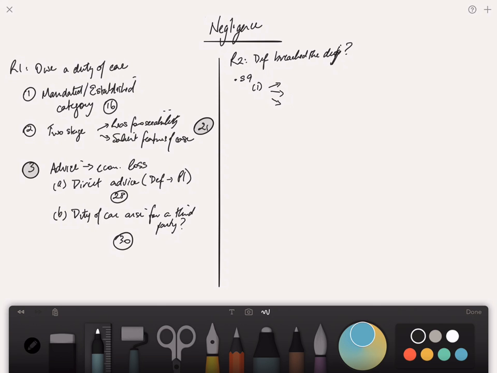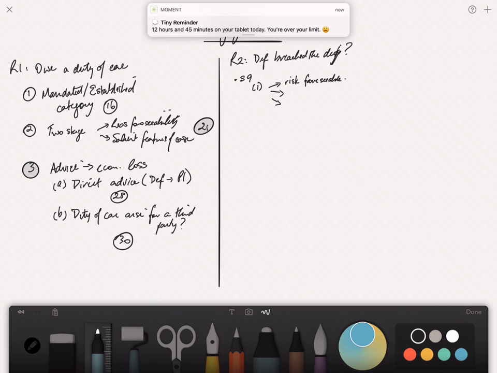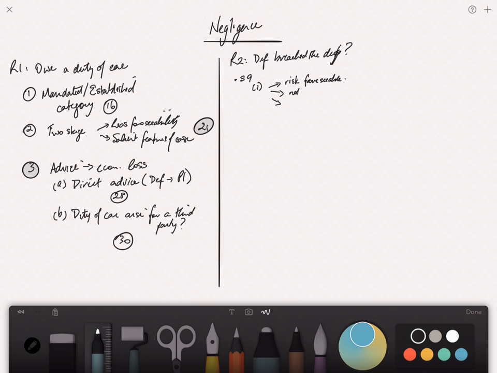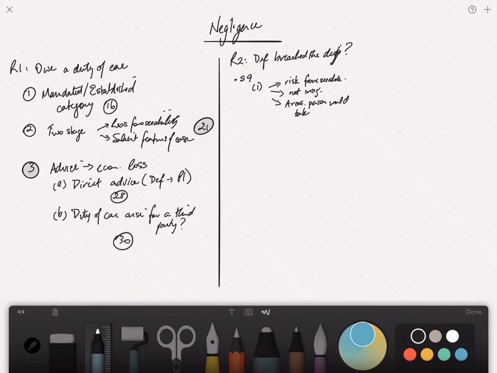Right? The risk of the harm must be foreseeable, so the risk has to be foreseeable. The risk must be not insignificant, and a reasonable person, right, would have taken precautions. So that's the test that we apply.